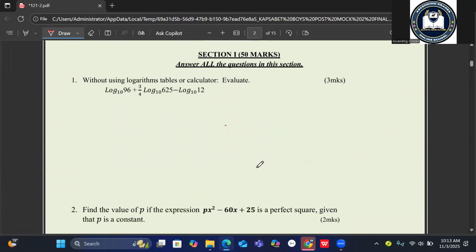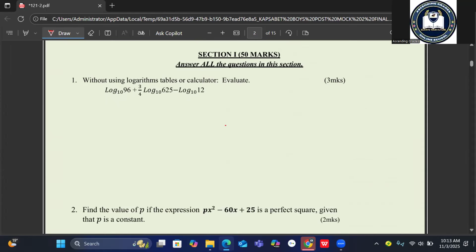So, number 1, without using logarithm tables or calculator, evaluate log 96 to base 10 plus 3 over 4 log 625 to base 10 minus log 12 base 10. So this one requires the knowledge of logarithms without using a calculator or logarithms table.